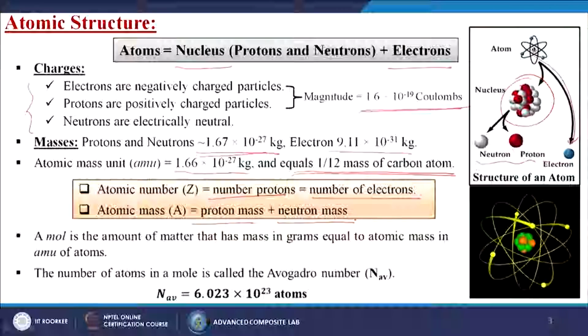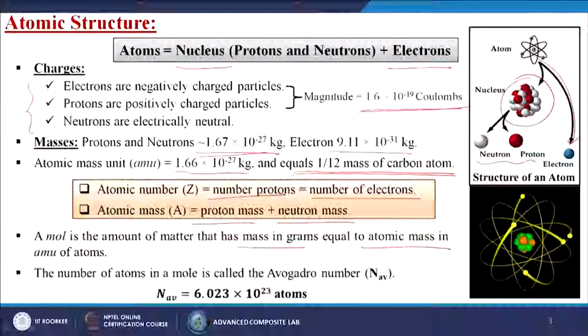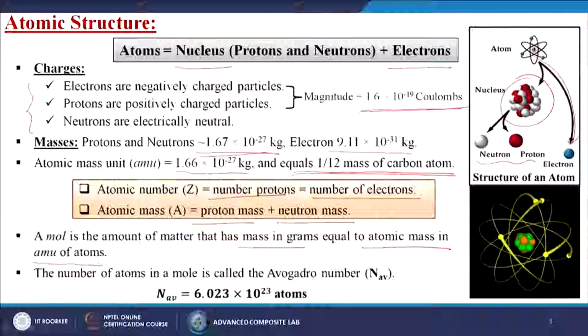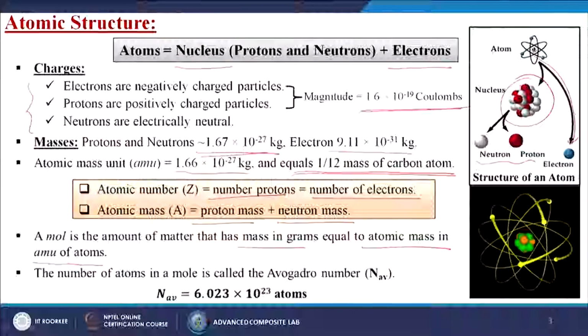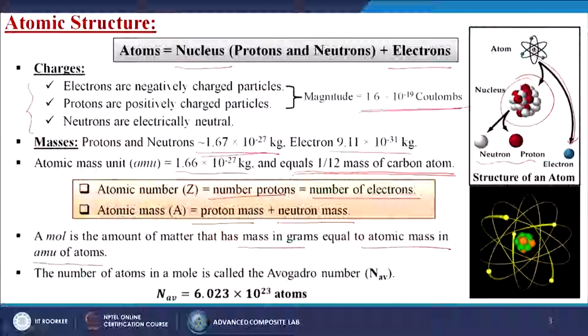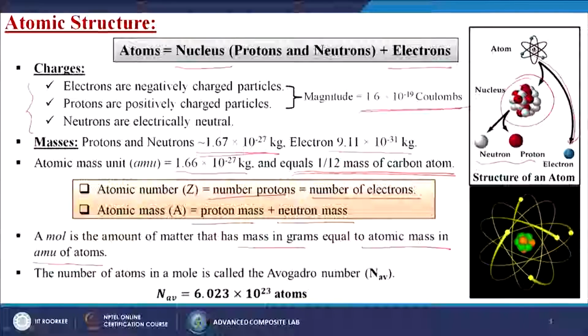A mole is the amount of matter that has a mass in grams equal to the atomic mass in AMU of the atoms. The number of atoms in a mole is called the Avogadro number. He is a famous scientist who discovered this number, and the Avogadro number is 6.023 × 10^23 atoms. First, let us know the behavior of the electron.